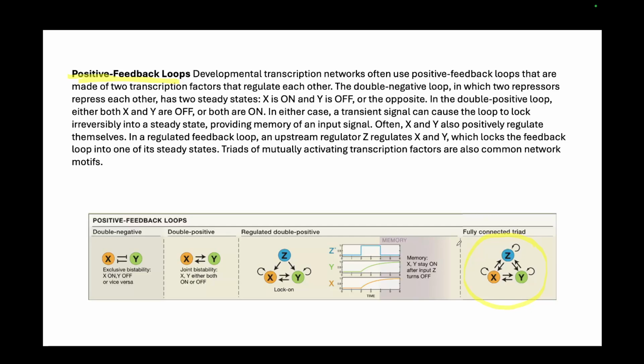So this is what is called a fully connected triad. There are three players which are positively regulating each other and also positively regulating themselves. So this is a regulated double positive: two elements positively regulating each other and themselves, and another player positively regulating both of them.